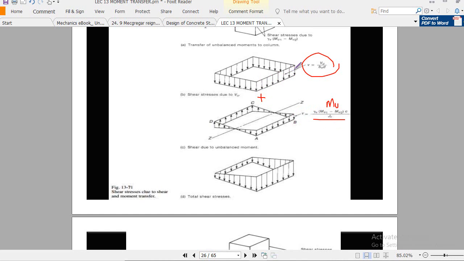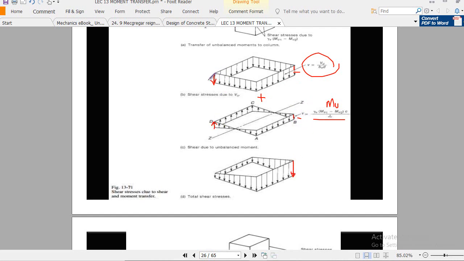So we add these two results. Remember, here you see the arrows which are down, here also down, and similarly here you see the arrows in upward direction, and here in downward direction. So it means that, let's say this is compression, so it will be negative, and negative with negative both add, so the net shear stress will be maximum at this face, right?